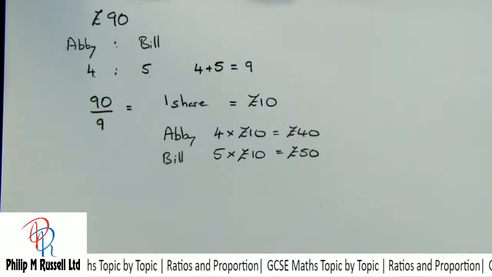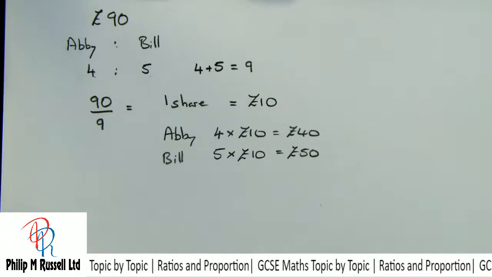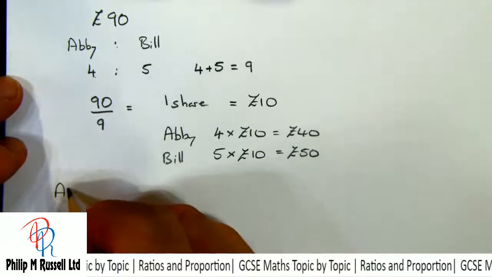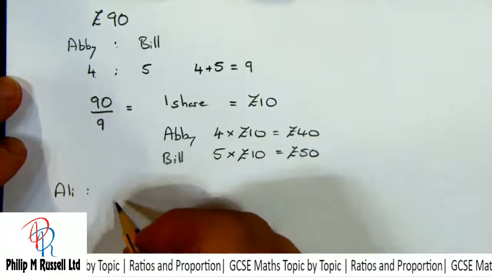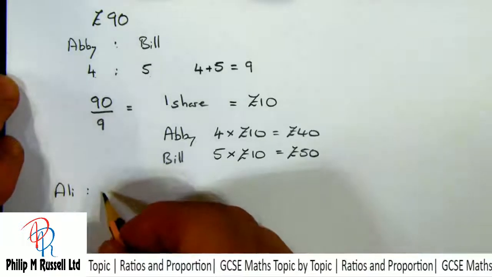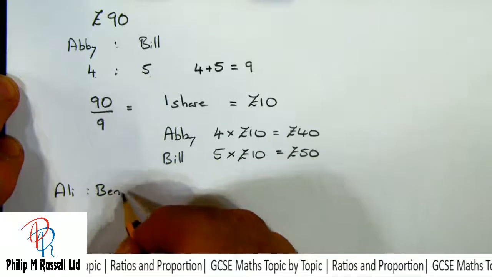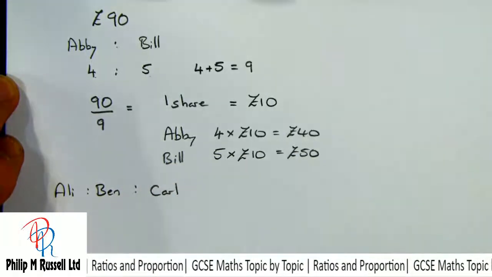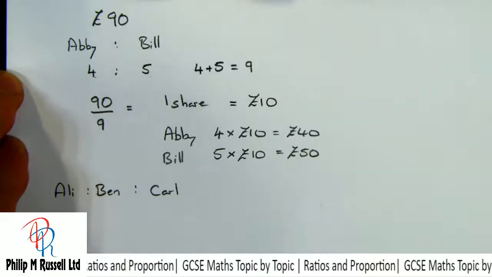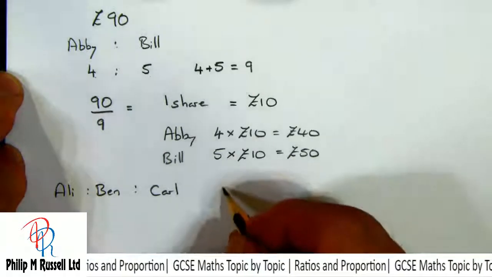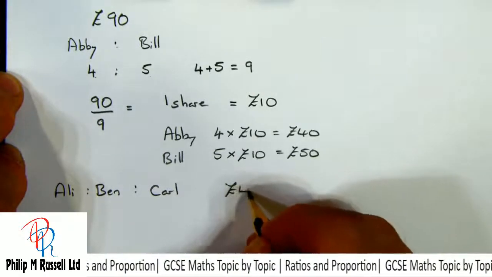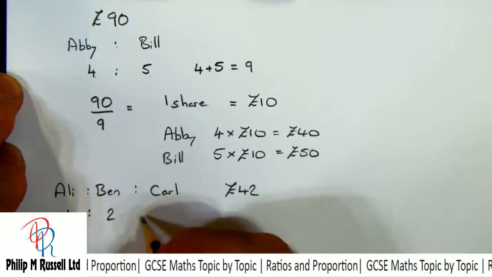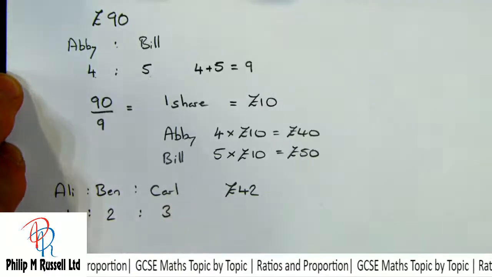If we've got more people, so let's have Ali, let's have Ben, and let's have Carl, and each of those are going to share, let's suppose we have £42, and they're going to share them in the ratio of 1 to 2 to 3.